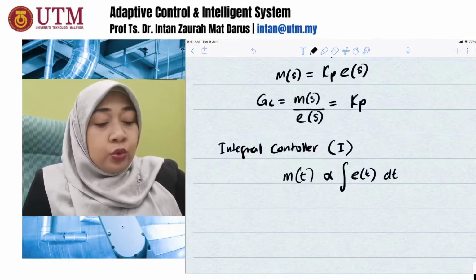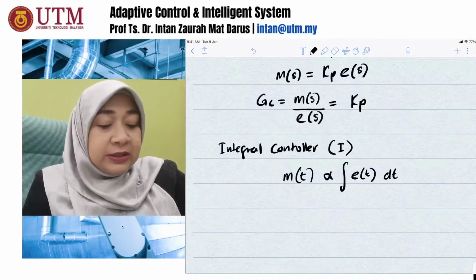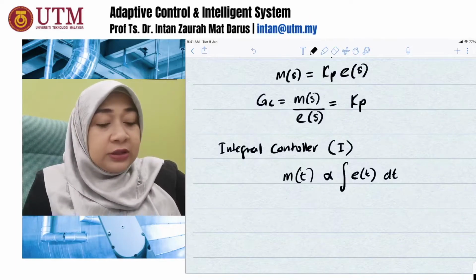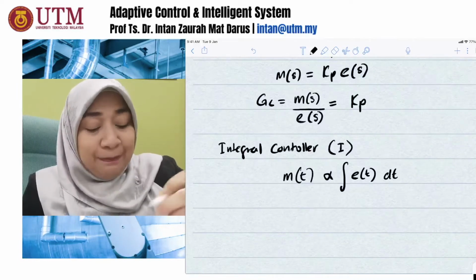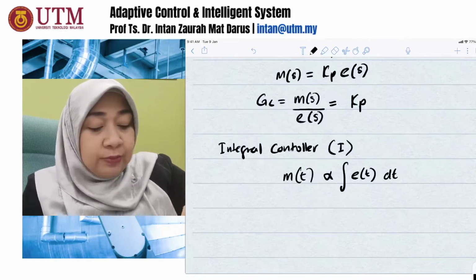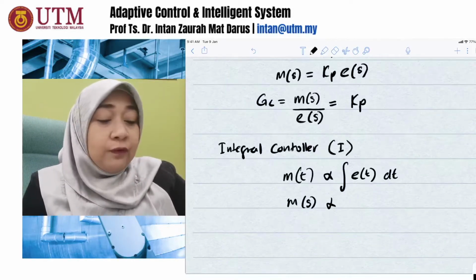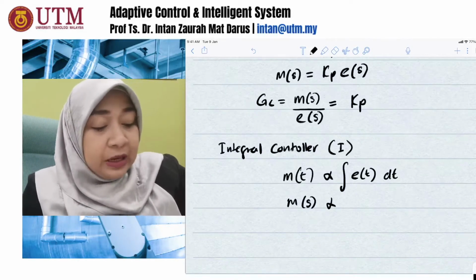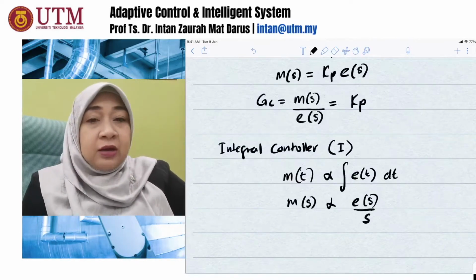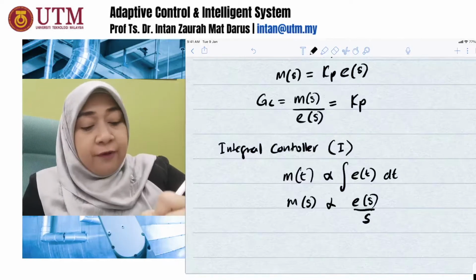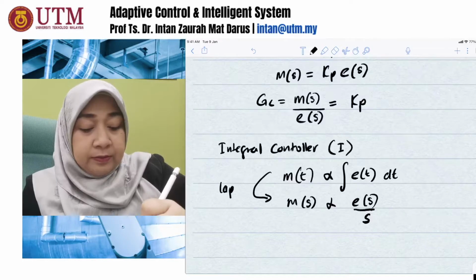To remove the proportionality, again, we introduce a constant Ki to the system, and then we take the Laplace transform. Taking the Laplace transformation, m(t) becomes M(s), and the integral of e(t) dt becomes E(s) over s, from the time domain to the s domain.